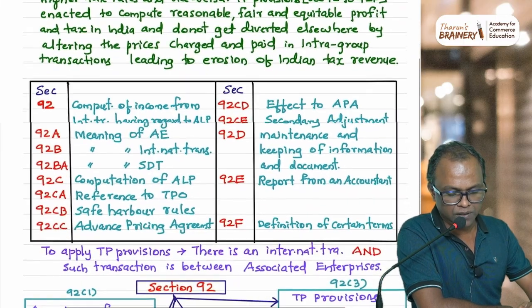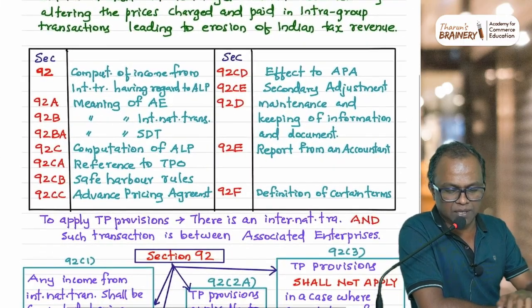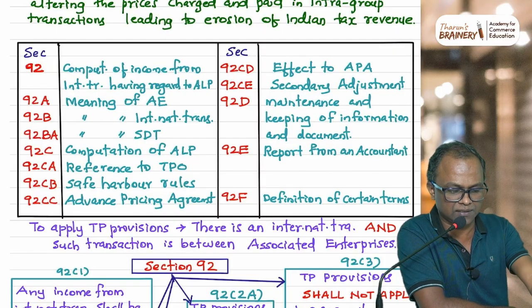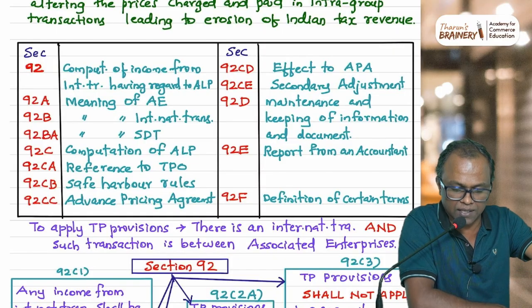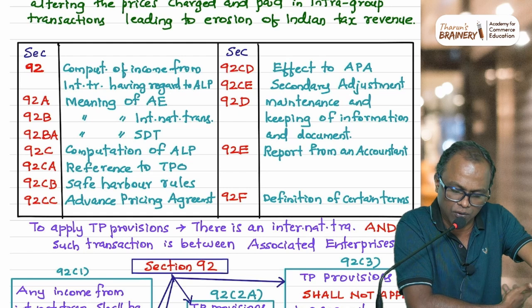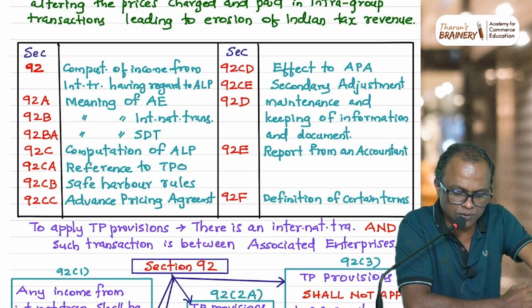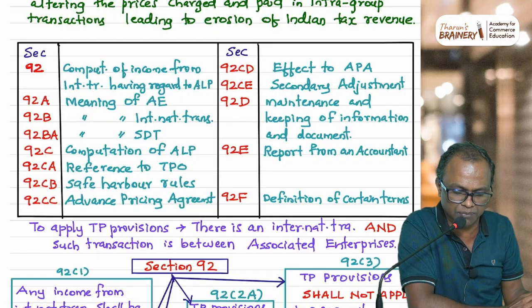That's the idea. So if there is a multinational company having operations in different countries, for that purpose the tax law recognizes the concept of associated enterprise or group entity, holding and subsidiary. A lot of relationships are mentioned there to treat two enterprises as associated enterprises.